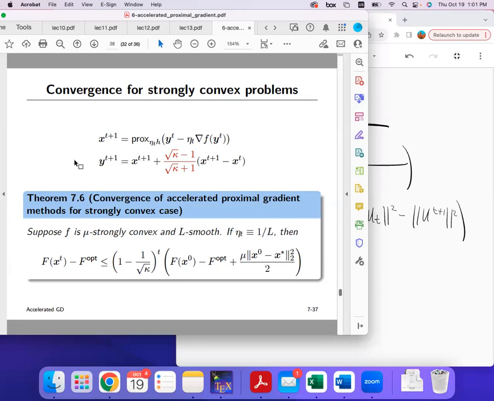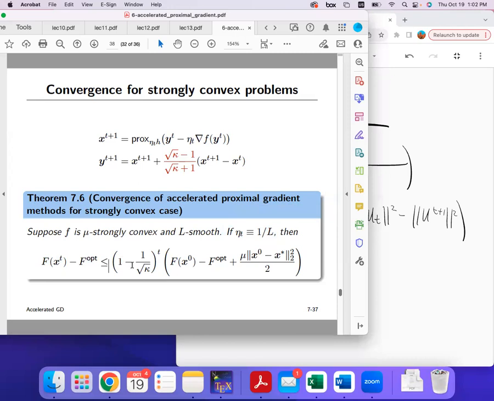Therefore, here we are injecting a constant momentum into this accelerated algorithm. And then one can show that for such a strongly convex and L-smooth problem, if we pick the standard step size, then the function value gap will diminish geometrically fast.